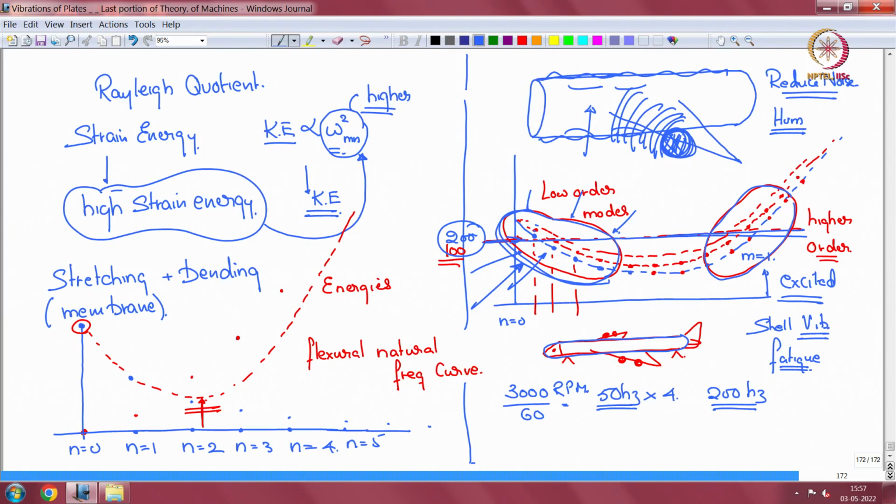Okay. And why is this lower order higher order headache happening? Because there is this dip. Why is this dip happening? Because there is a coupling between membrane and bending, because it is a curved shell. So this is kind of inevitable if you have curvature. You remember your plate resonances, they will go high and they will taper off.